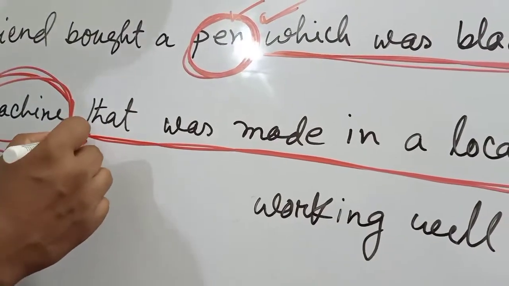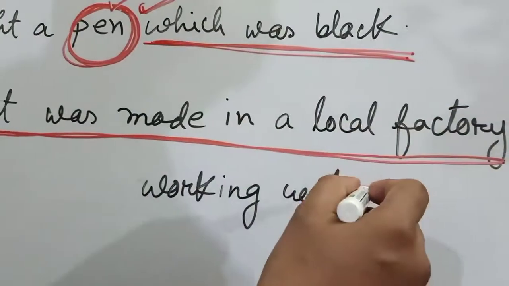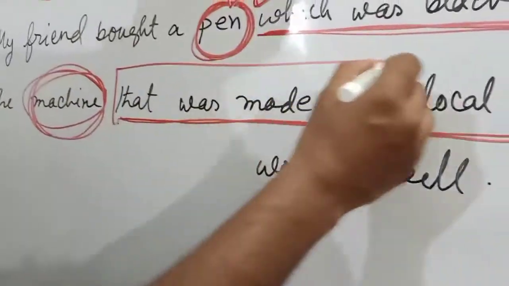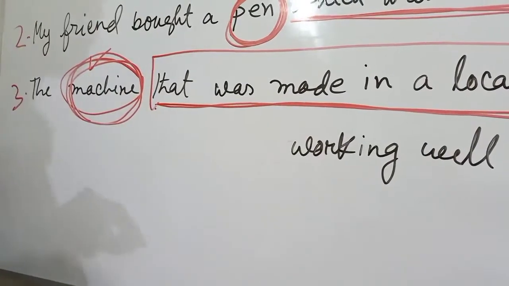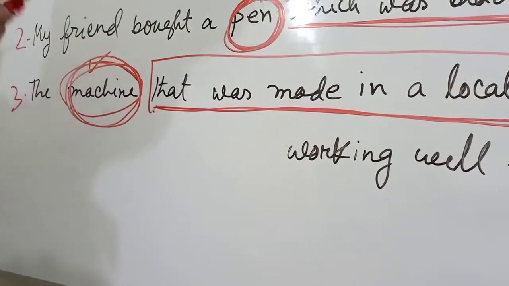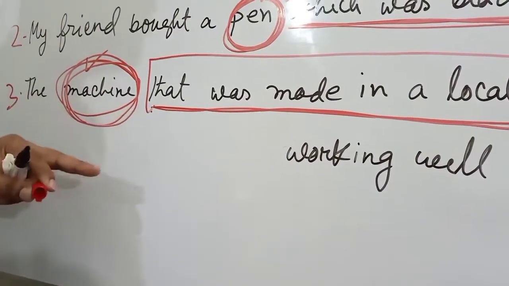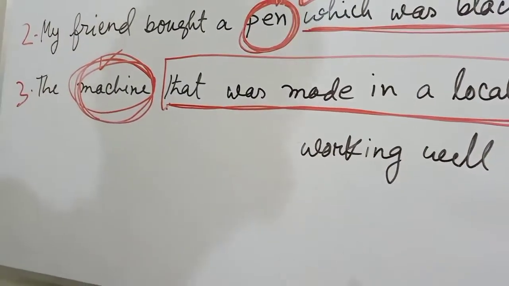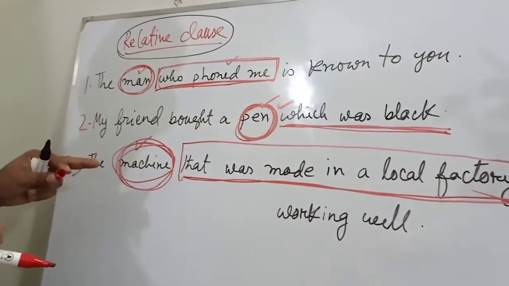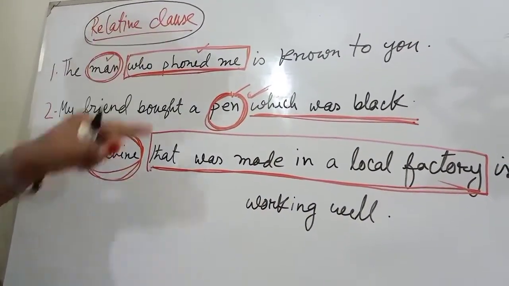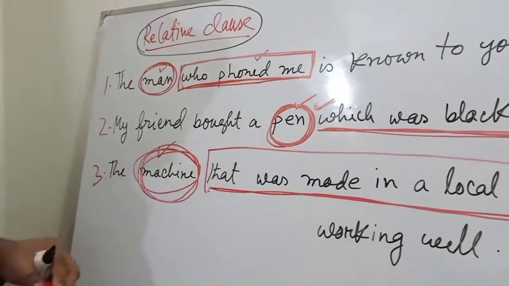That was made in a local factory is a relative clause, and this relative clause is giving extra information about the machine and at the same time used as post modifier. So we can easily say that relative clauses are used as post modifier.